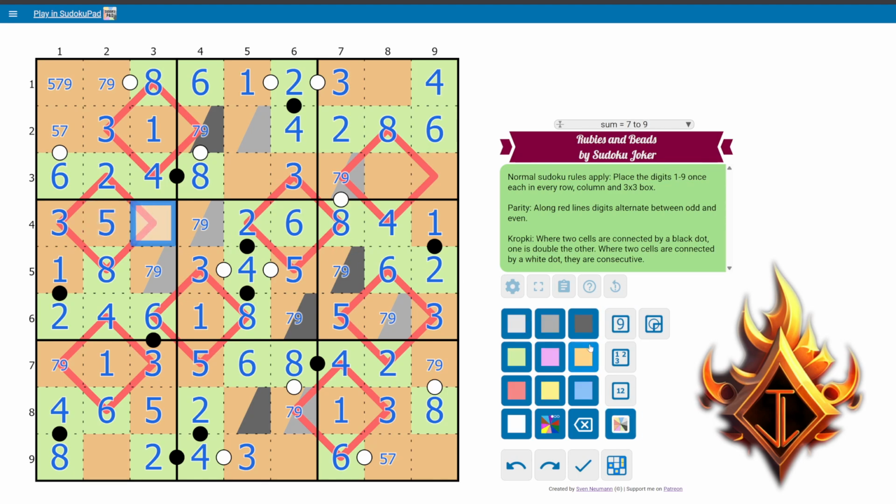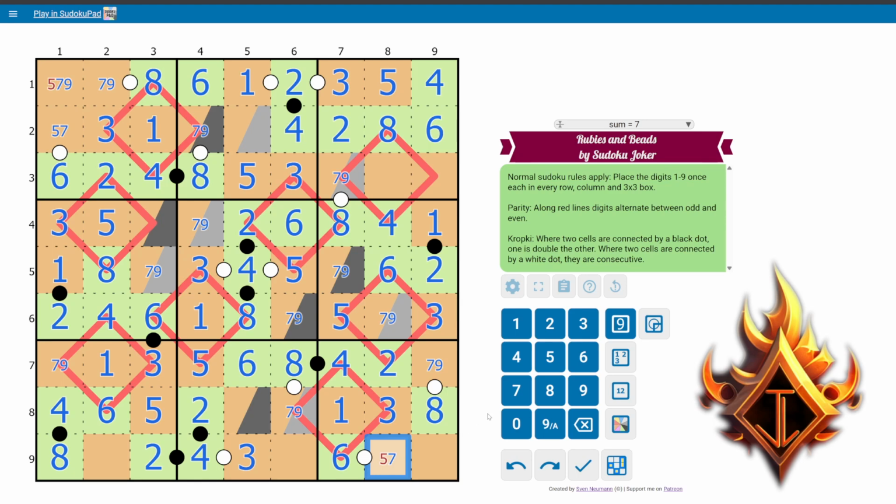This one is dark. Eventually we'll have a map here. This one can be neither, so it is 5. Now 5 must go there.